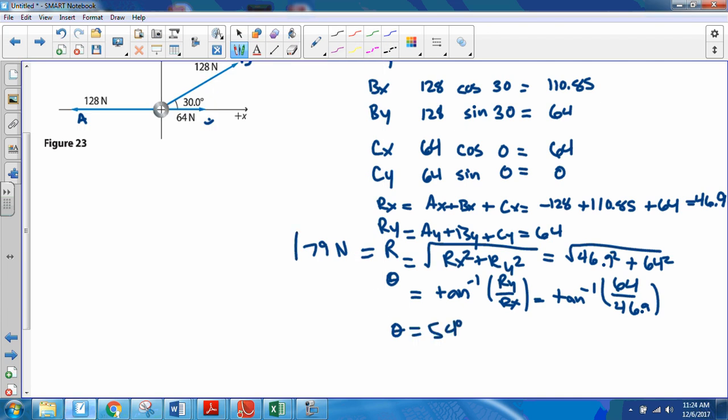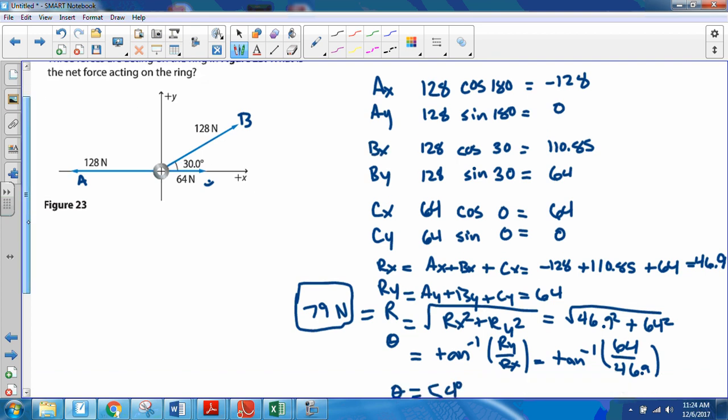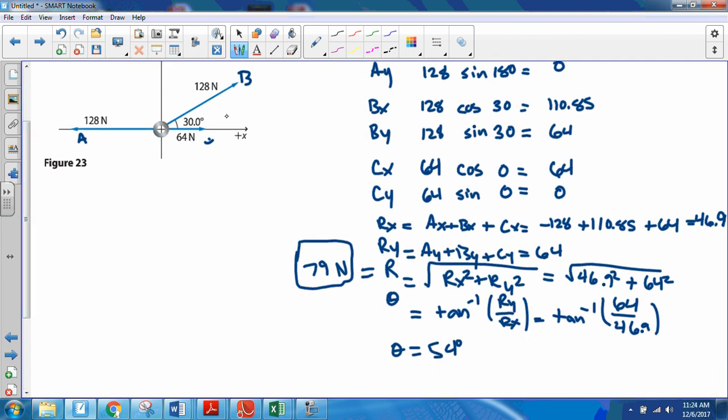So I got 79 newtons. That's one of the answers. I got 54 degrees where? Well, my Y and my X were both positive, so I'm in this quadrant, right? And the angle that I measured is from the positive x-axis, so it's 54 degrees. I went up, right?